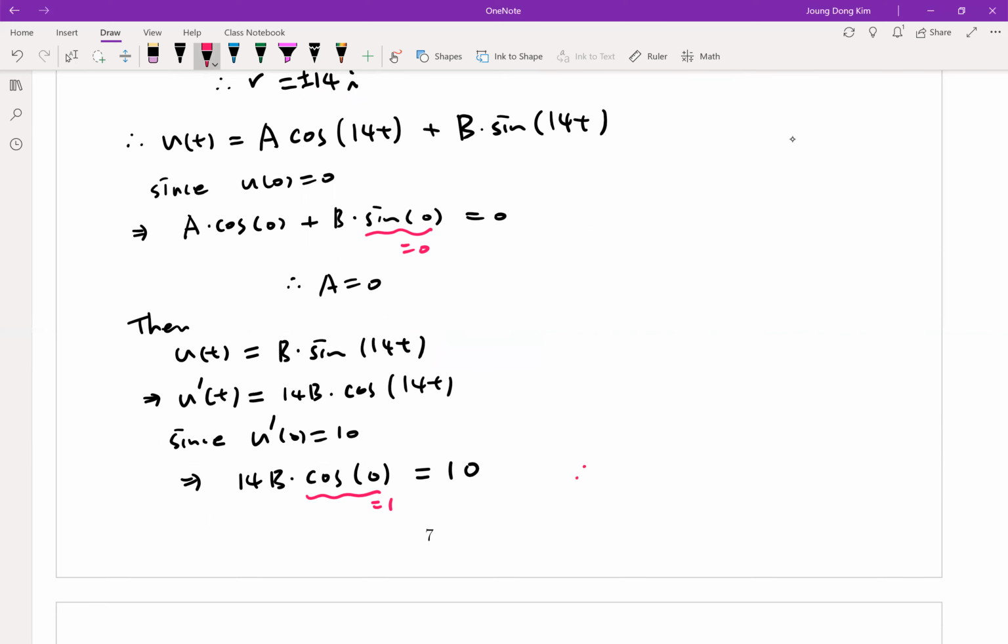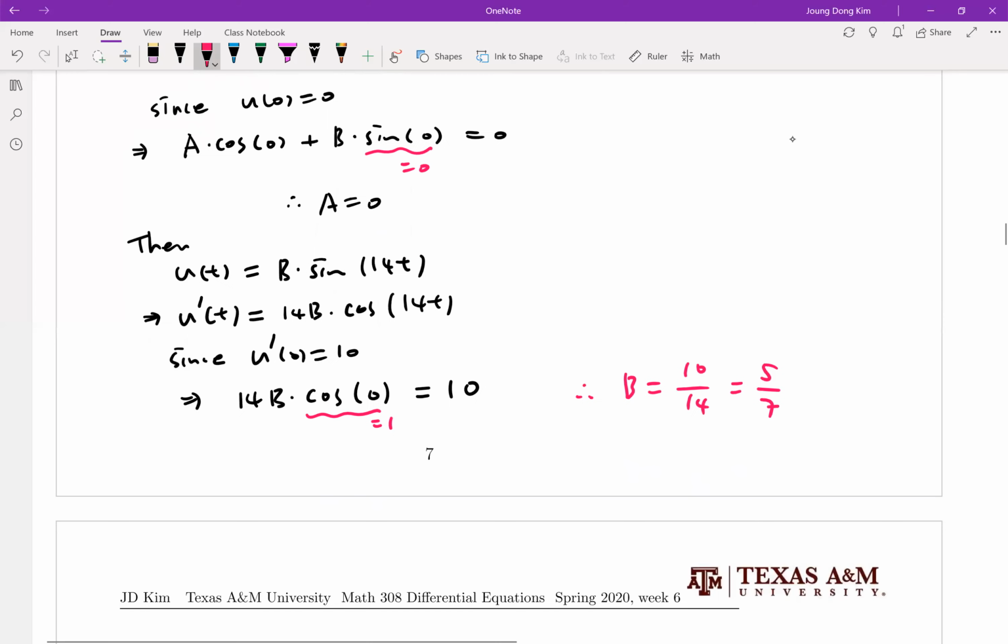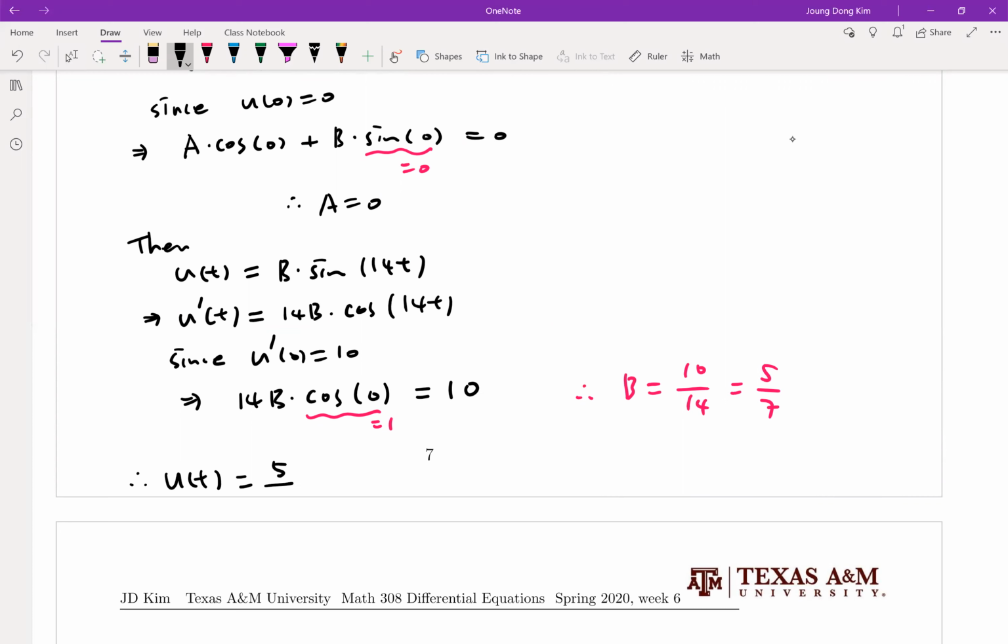Then B is 10 over 14, which is 5 over 7. So now, with this information, we can update again: my solution is u equals 5 over 7 sine 14t.